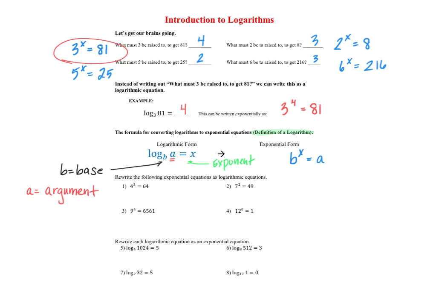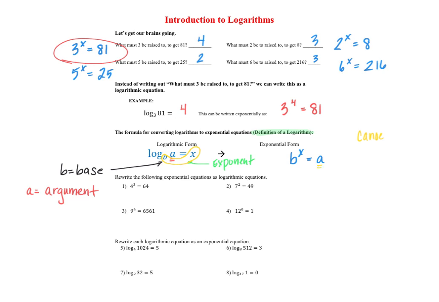I think about this in an interesting way: I always think about a canoe. It's a little trick, but I look at it like this: b raised to the x is equal to a. My base raised to my exponent is equal to a, and my a is called the argument.